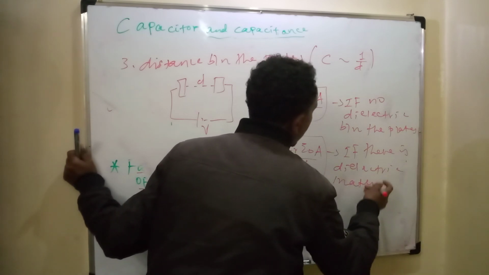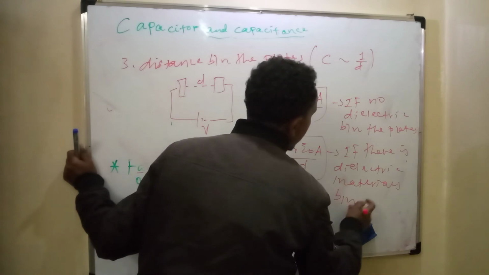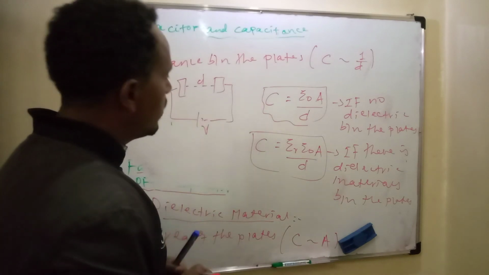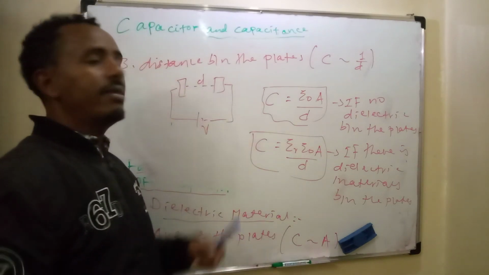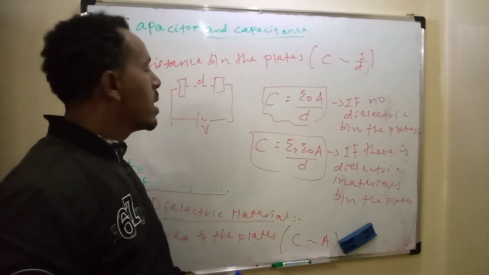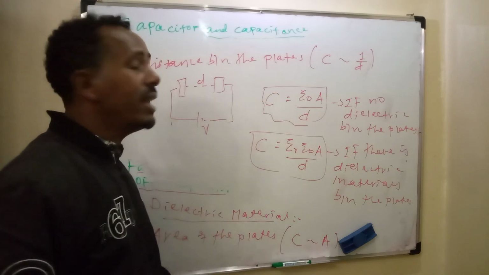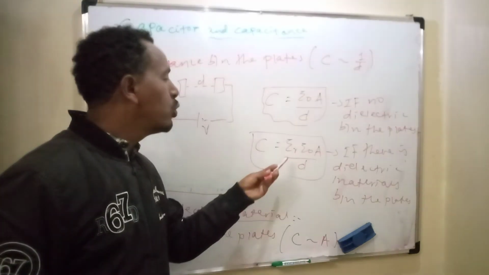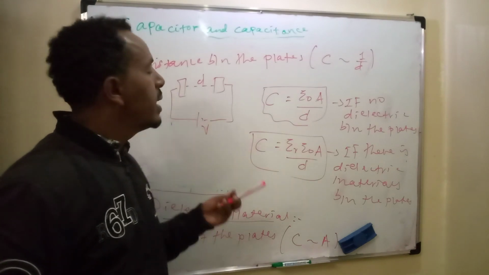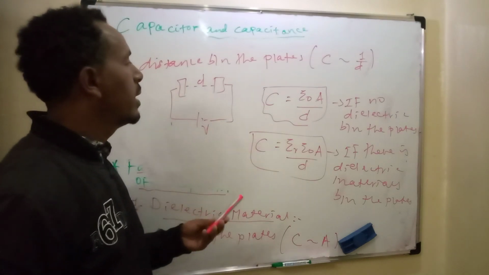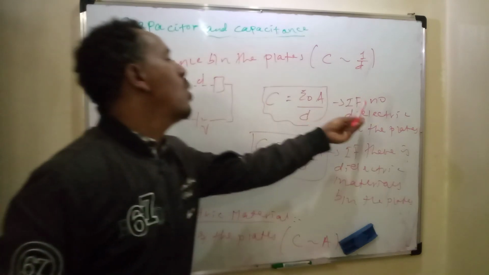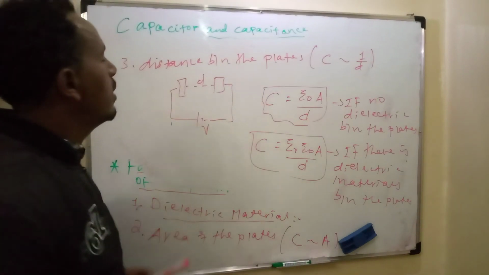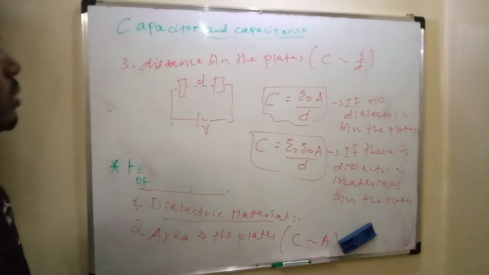Because of this, when dielectric material is inserted between the plates, the capacitance of the capacitor is increased by the factor εr, which is equal to the relative permittivity of the dielectric material. The first expression is valid only when there is no dielectric material. This expression is used when dielectric material is inserted between the plates.